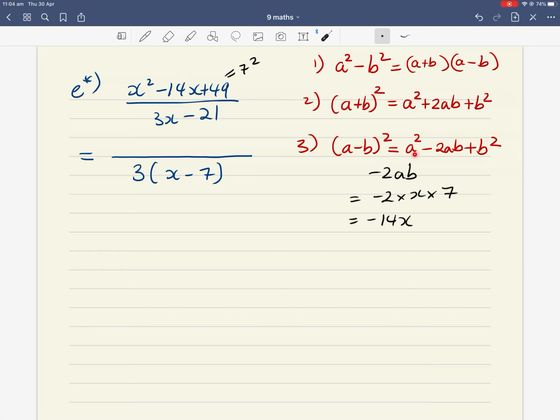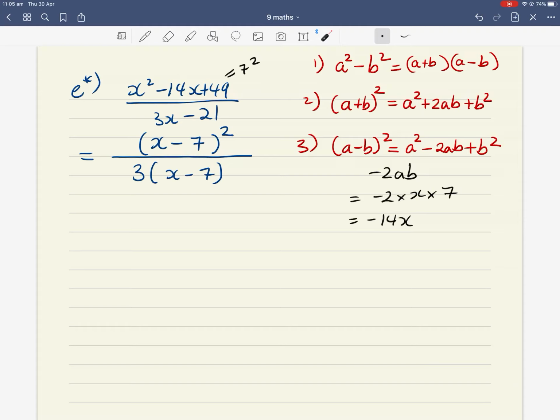So this matches up with pattern number 3, where you have x squared minus 2 lots of ab, so 2 lots of 7 lots of x, which gives you negative 14x, and that matches up, plus b squared, so 7 squared is 49. So we can factorize the numerator into x minus 7, all squared, where the first thing is x and the second thing is 7, because 49 is 7 squared.